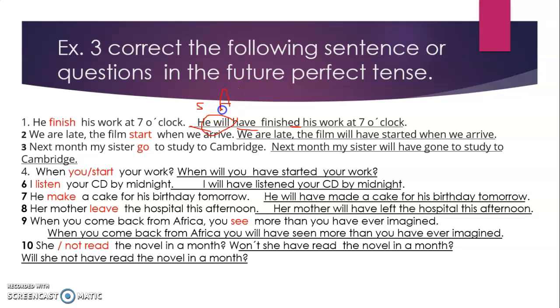So you need to tell me: when will, that is the auxiliary, then the subject, so you interchange, you make a switch with that word. When will you have start your work, with that verb in the past participle, and the question mark.